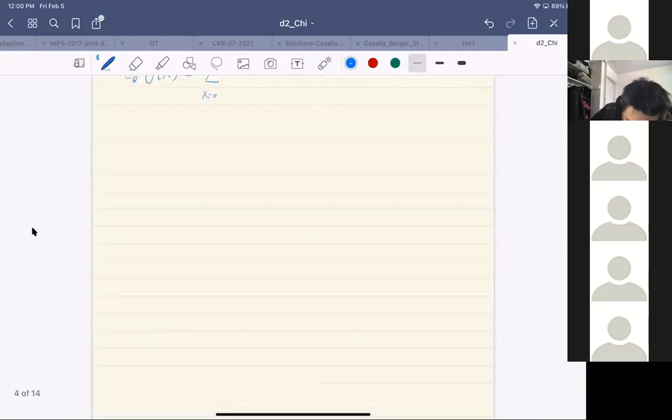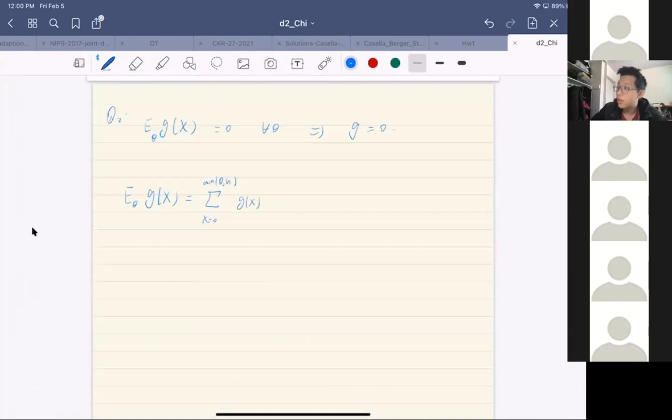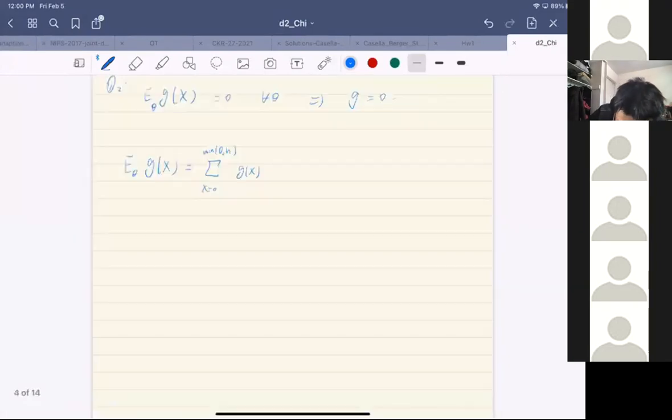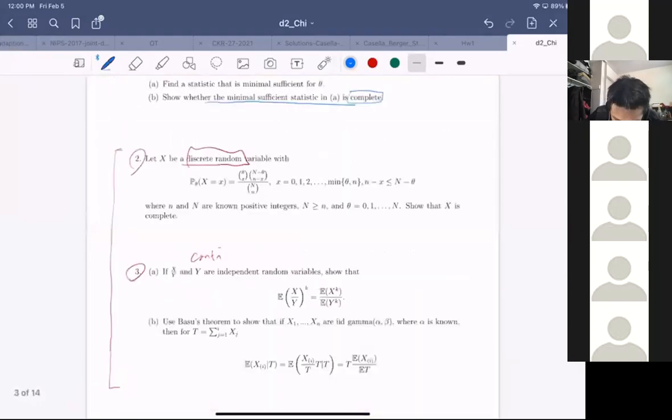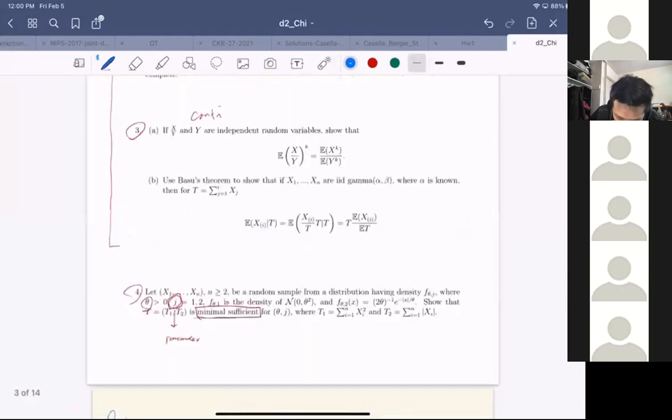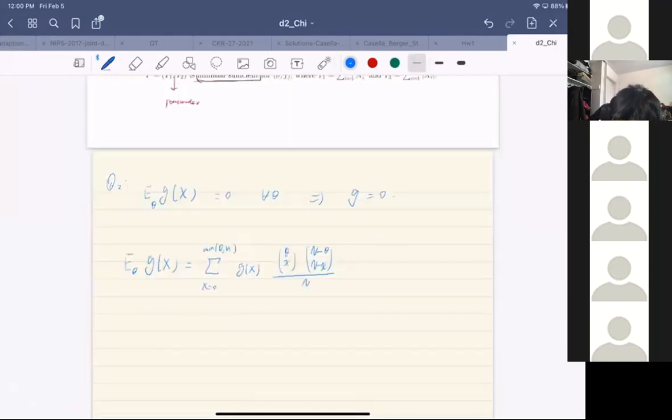And we have g of x, and the density is theta choose x times n minus theta choose n minus x, and the denominator is n choose n.